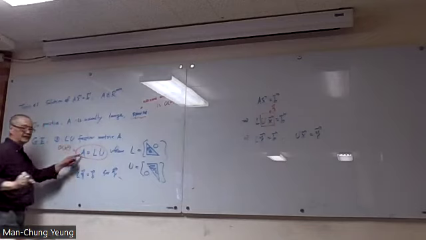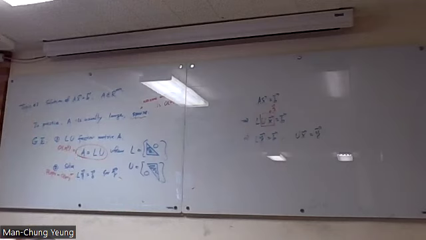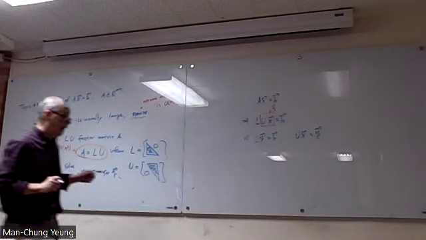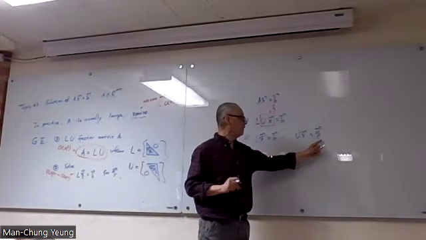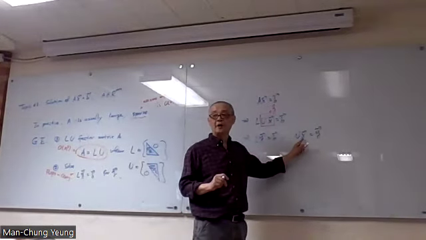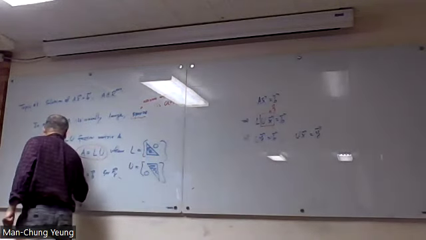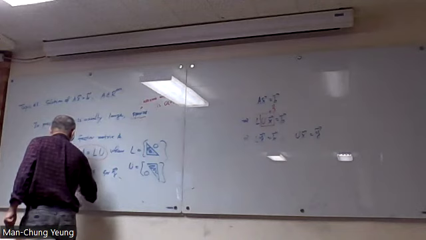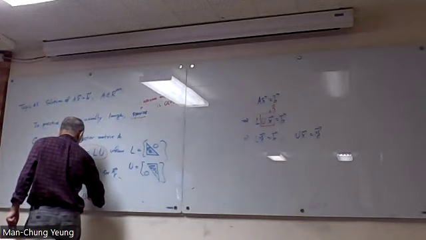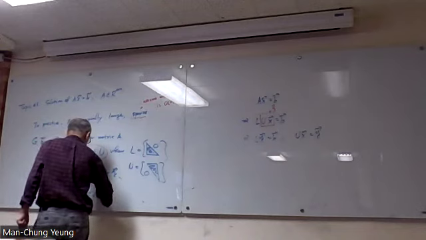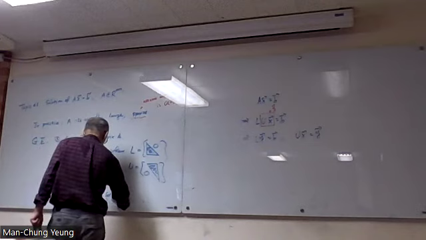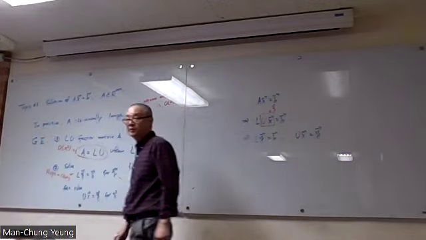This step is very slow. After we get y, then solve Ux = y for x to get the solution.